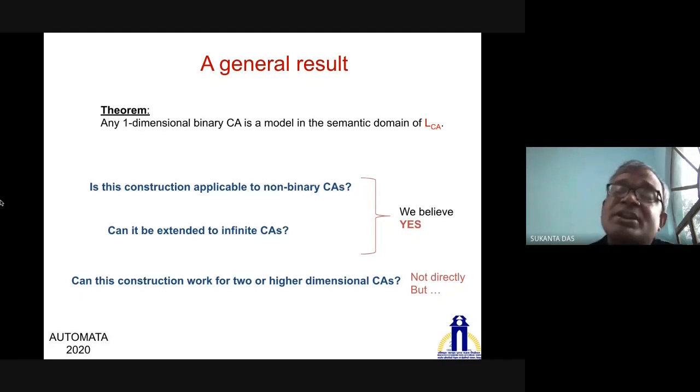Maybe we need some modification, and if we could do that, we would be able to handle two-dimensional or higher dimensional CAs.